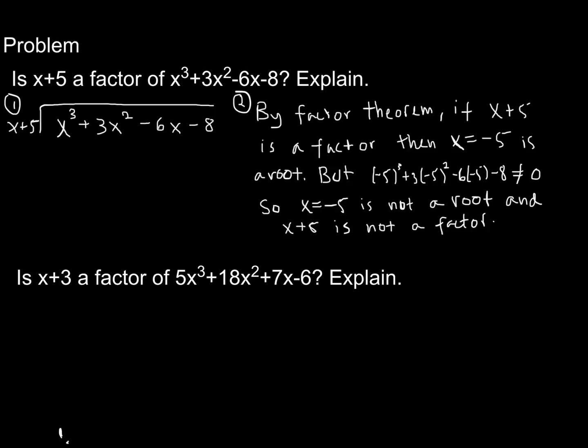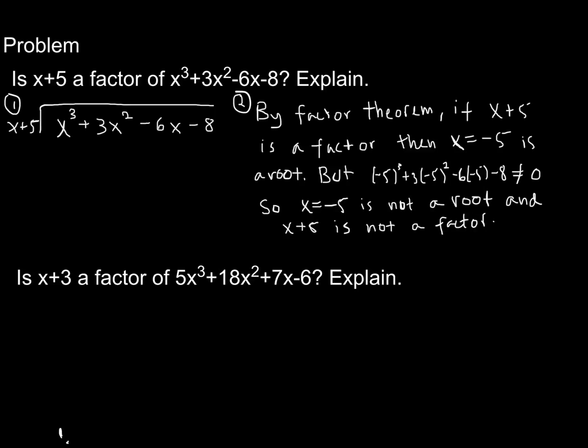So you could plug negative 5 in, and the value that you get will be your remainder. And so you can say, well, by the remainder theorem, this is my remainder, 28 or whatever it is. Therefore, x plus 5 does not go in evenly and is not a factor.